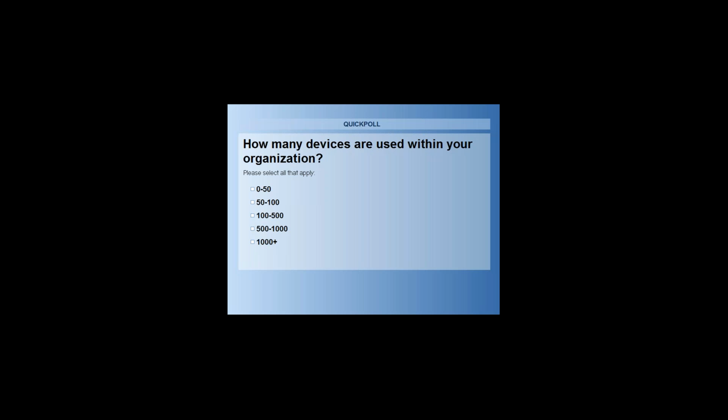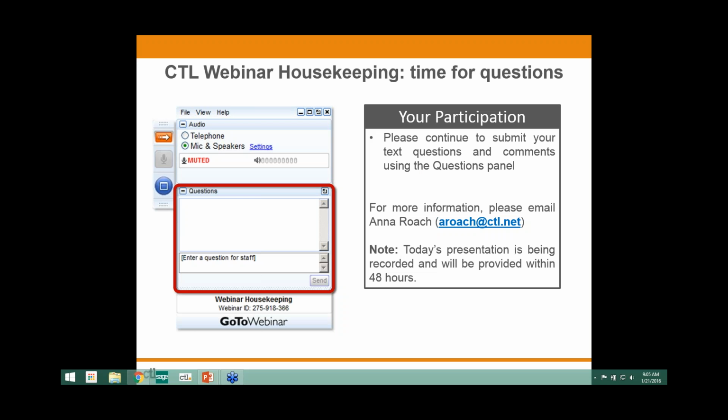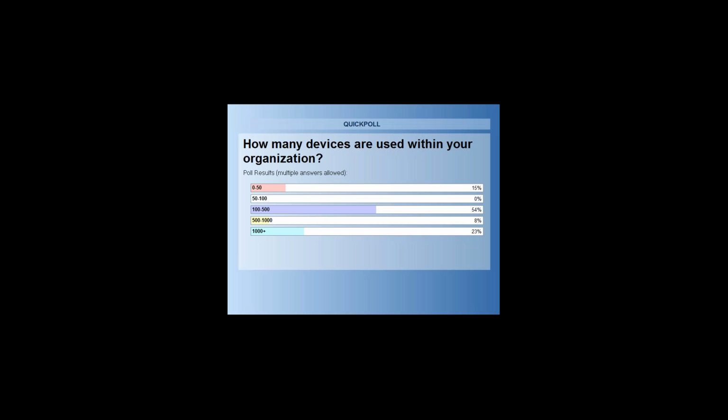Great, thank you. It looks like 15% is using 0 to 50, 54% is using 100 to 500, 8% is using 500 to 1,000, and 23% is using 1,000 plus.